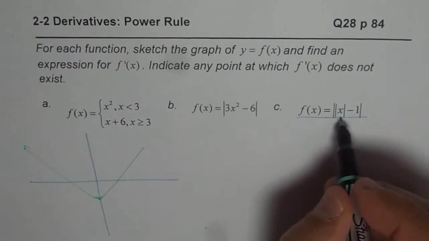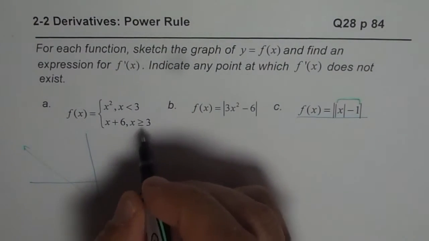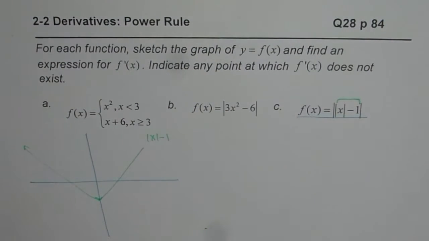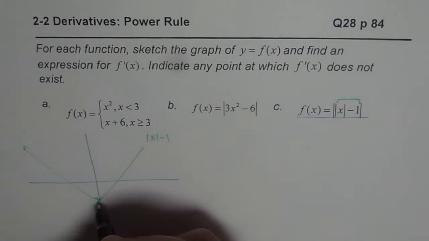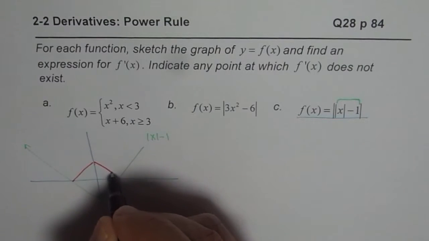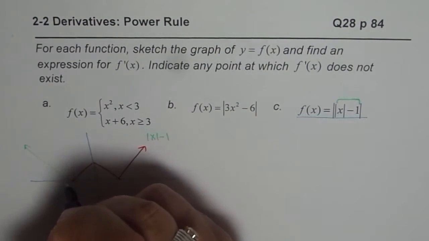So this is the inside part of the function, correct? This part which I have sketched is absolute x minus 1. It is not f of x. But when you sketch f of x, what happens? The negative part flips and becomes positive, right? So you get this kind of a graph, moving up like this. That is the graph which you now get.